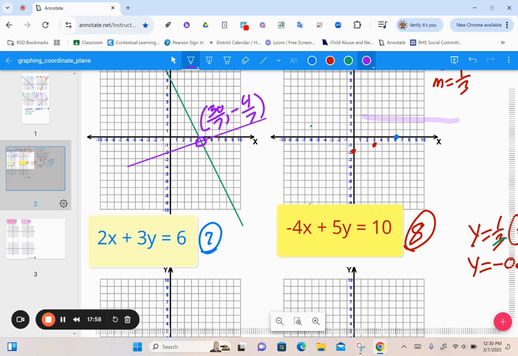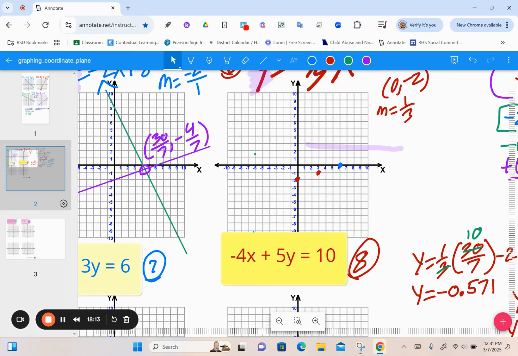But that doesn't make a lot of sense, so it's basically 4.2 and negative 0.57. So that's where we're going with this. That's why we're showing you how to solve an equation, to be able to put them on the same graph and then solve it.